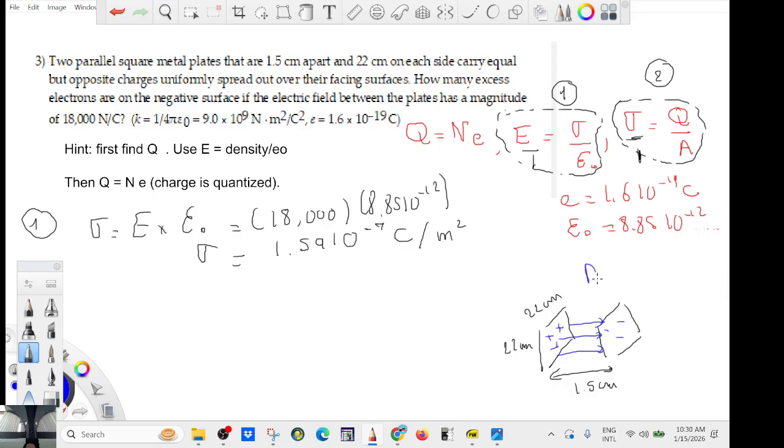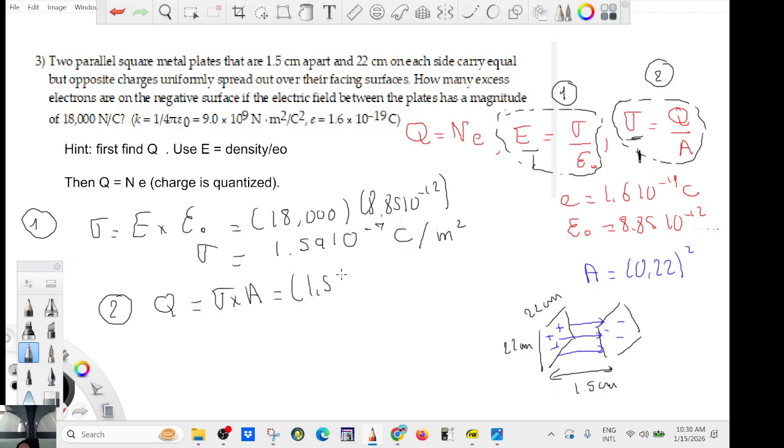So the area of a square is 0.22 squared, width times length. So the charge equals sigma times the area.